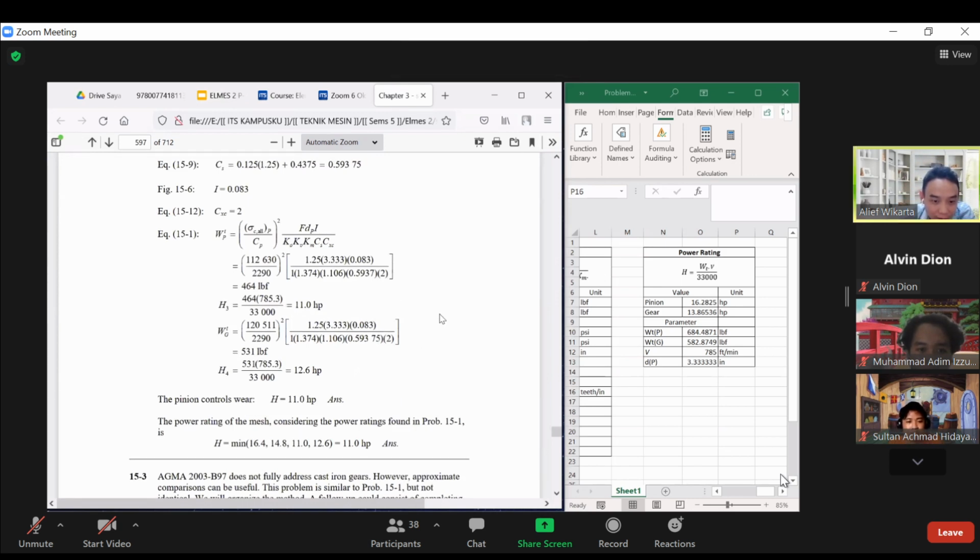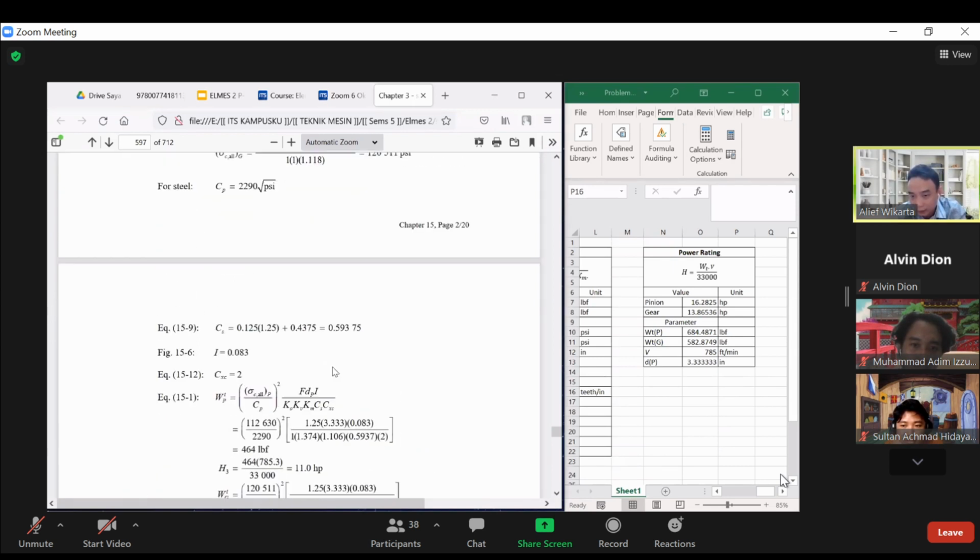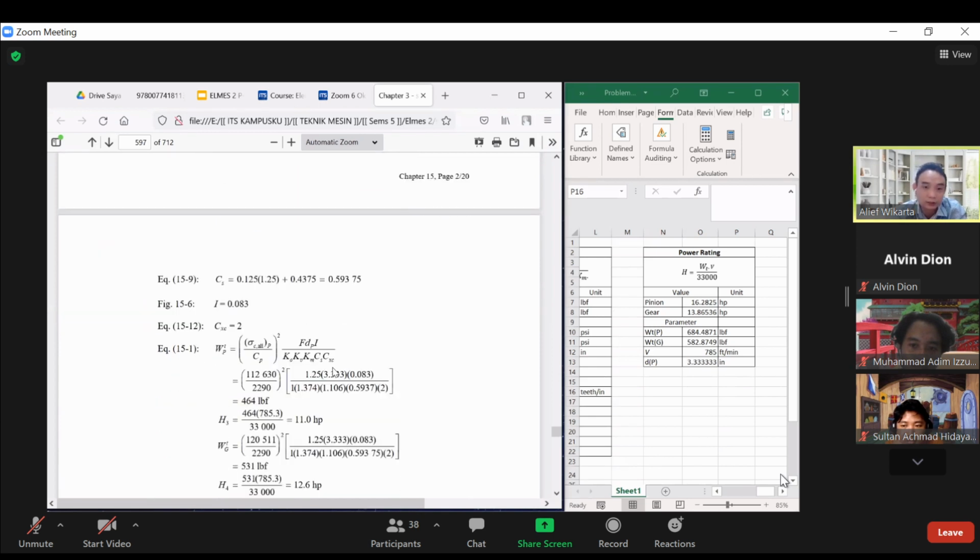11 and 12. Okay, so could you give some conclusion? If we consider both of them, AGMA bending and also AGMA surface, then we got the rated power from both of them. Around 11, 12 for the surface, and from the bending from your Excel it should be around 13, 16.